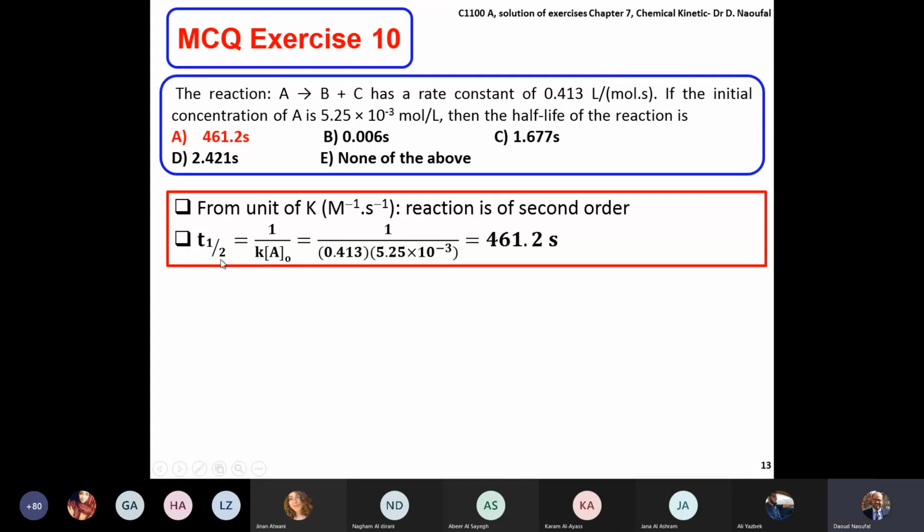And for a second order reaction of the type A to product, the t half is given by the relation 1 over K A0. K is given, the initial concentration of A is given, so we obtain t half equals 461.2. Pay attention, the unit of t half is second. So the correct answer is A.